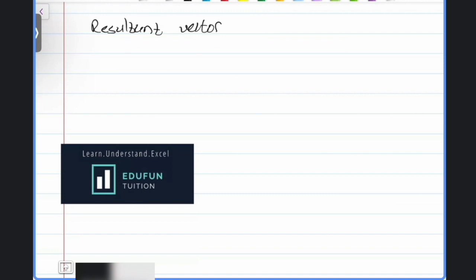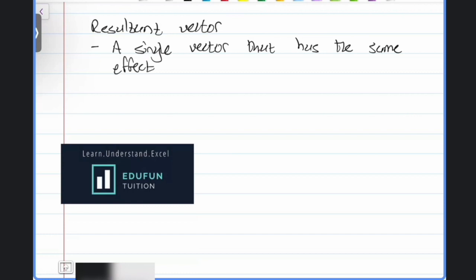It's shortest distance from start to end, but by definition, it is a single vector that has the same effect as multiple vectors acting at a point. That's it. That is what a resultant vector is.